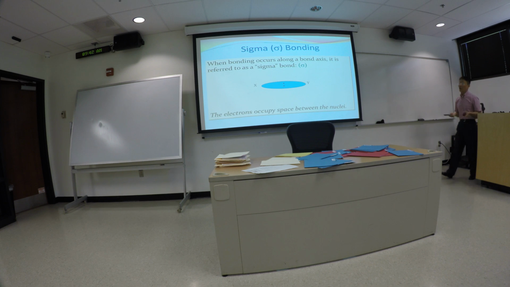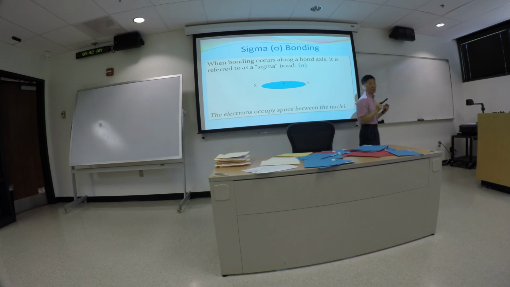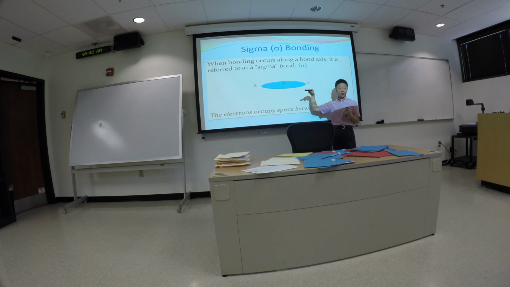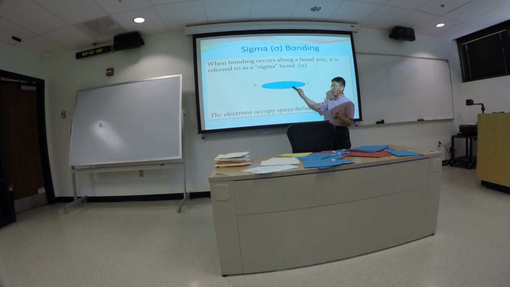So what happens here is that when the two atoms are getting close to one another, the valence electrons will stay right in between those two atoms. That's where you have the highest electron density. Now remember the quantum theory, we're talking about probability. Are those two electrons 100% confined in this region?